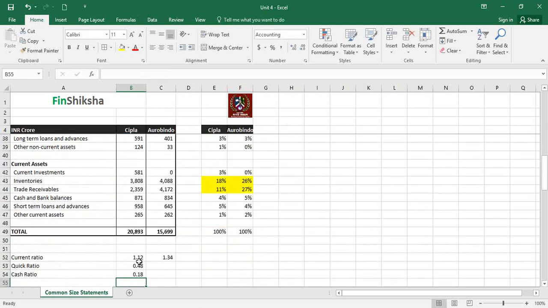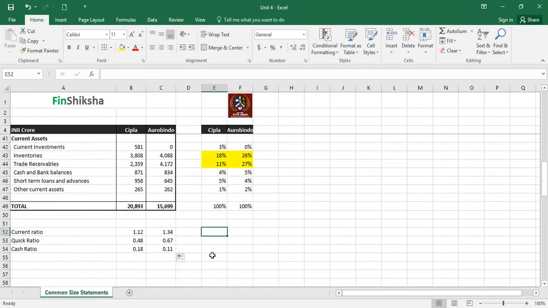We calculate this and we drag it to the right side. So on all the parameters other than the cash ratio, we find that Aurobindo is probably higher. It has adequately covered its liabilities, but as I said earlier, it is not necessarily a correct analysis at the outset.